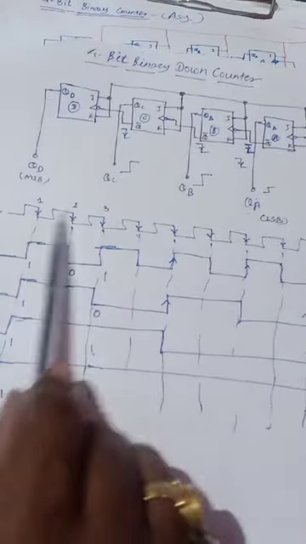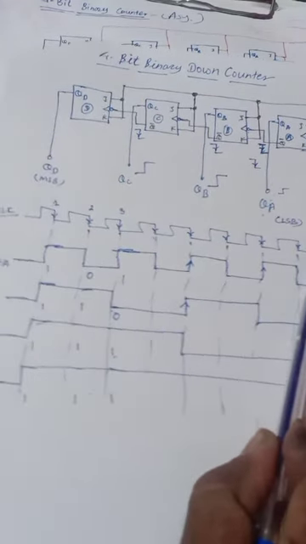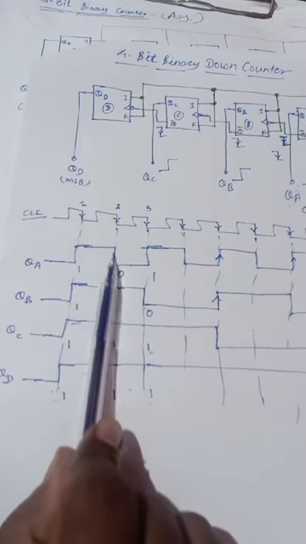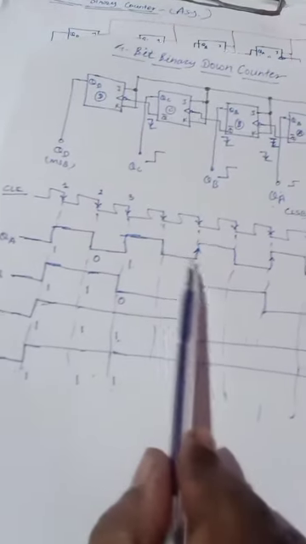So we mark the falling edges on the clock, and at that particular edge QA toggles, QA changes state. Then for QA mark the rising edge.